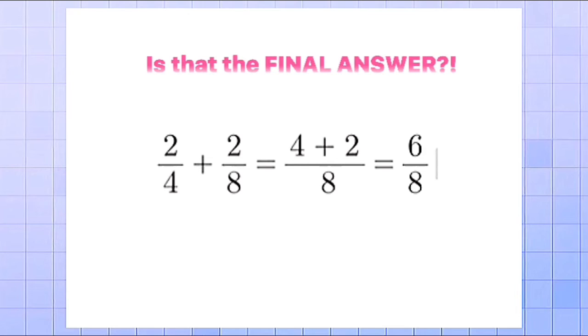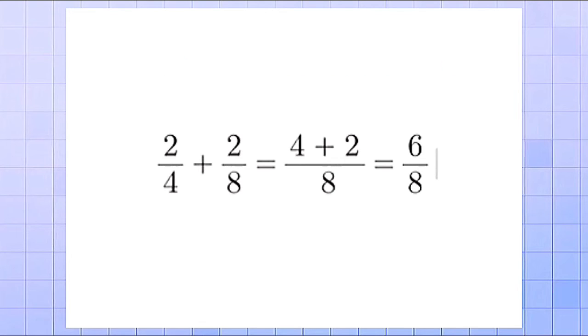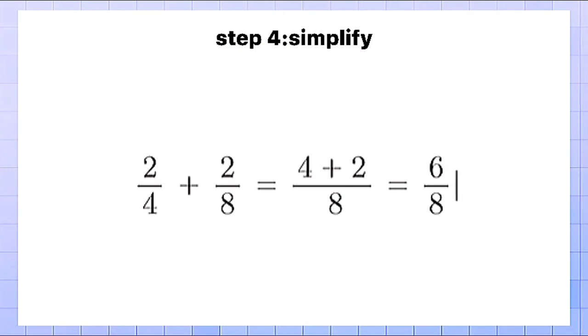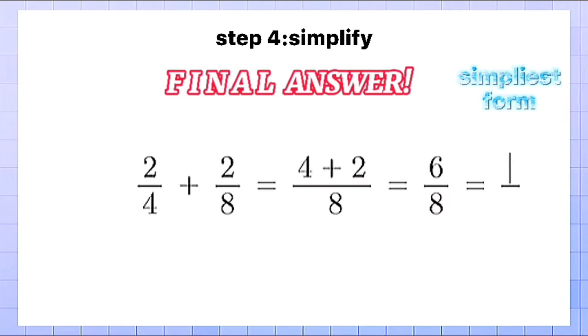Wait, is that our final answer? Well, again, in mathematics, the answer must be in simplest form. The simplest form of 6 over 8 is simply 3/4, or 3 over 4.